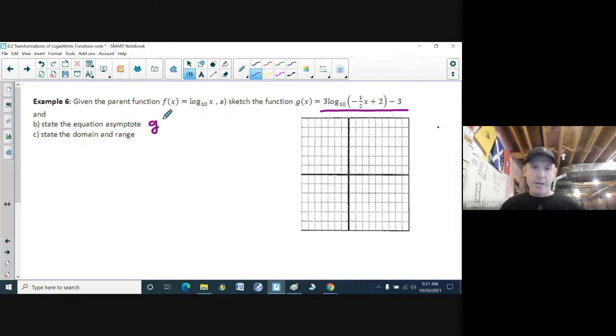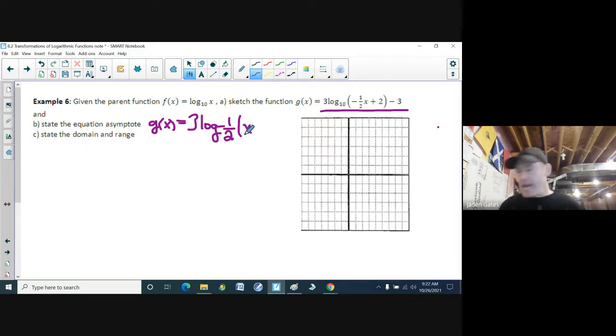So g of x is equal to 3. What I have to do here is factor out this negative a half, which means I have to divide every term in this bracket by negative a half, because it's going to be my k value, so that I get it in the proper form.